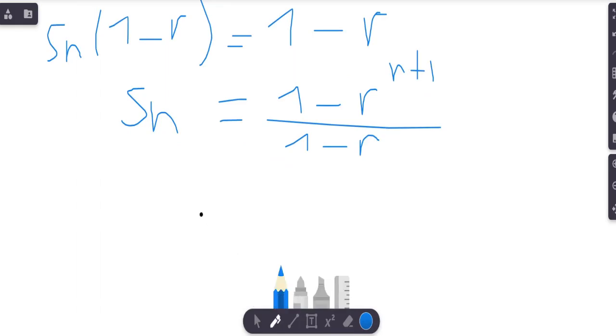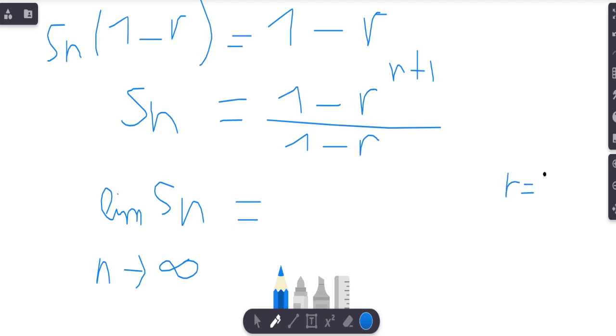So let's calculate the limit now. Let's calculate the limit of Sn when n goes to infinity. So remember that r equals 1/10.